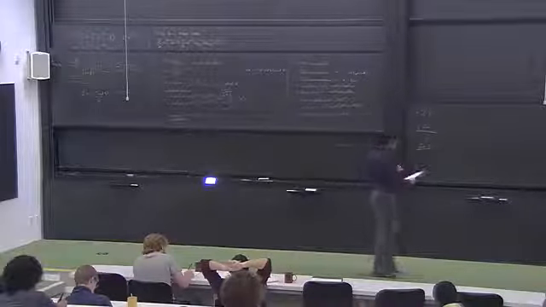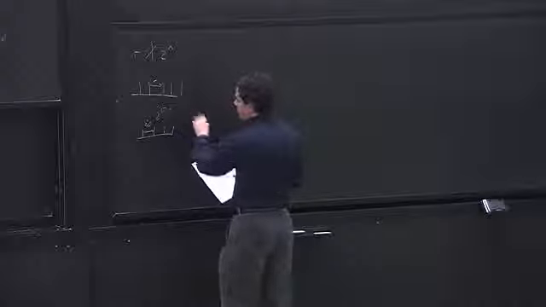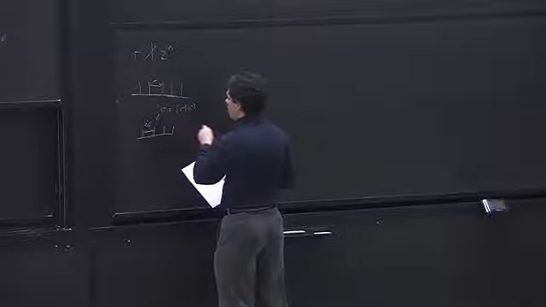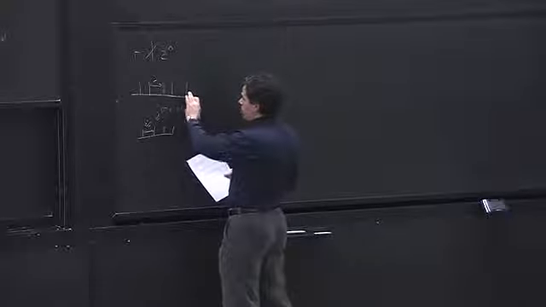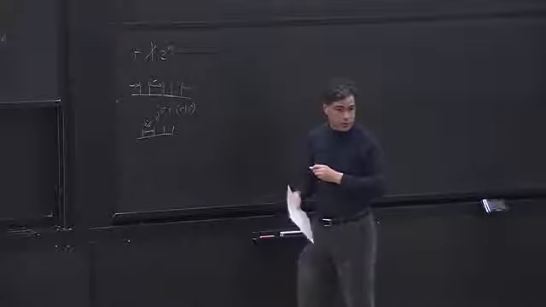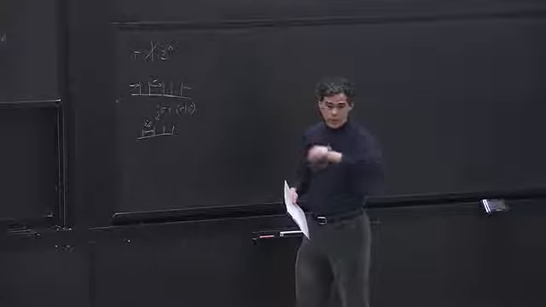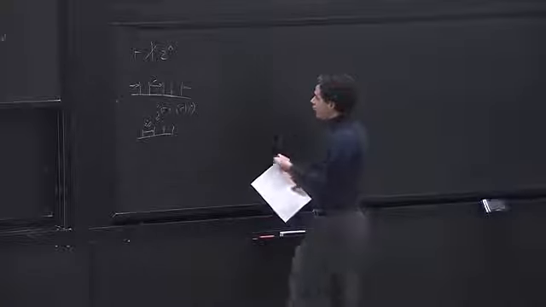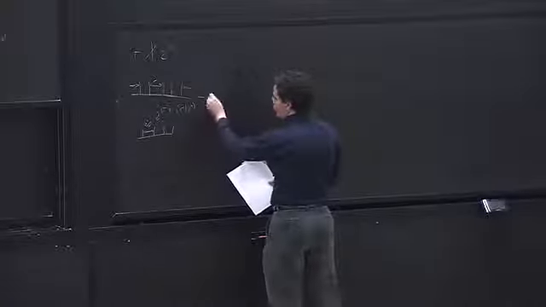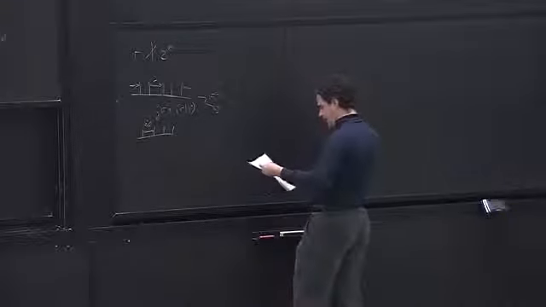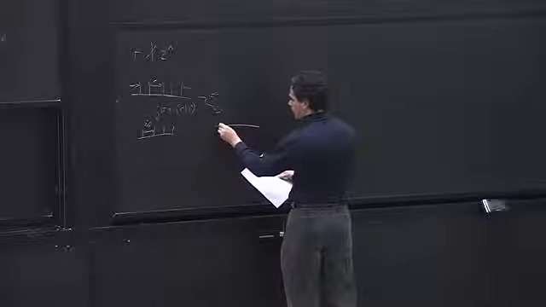So the input here still looks like this, but because this thing here is a little bit different, we have some extra frequencies appearing. And so what we get under the Fourier transform is not this, but something that looks more like this.